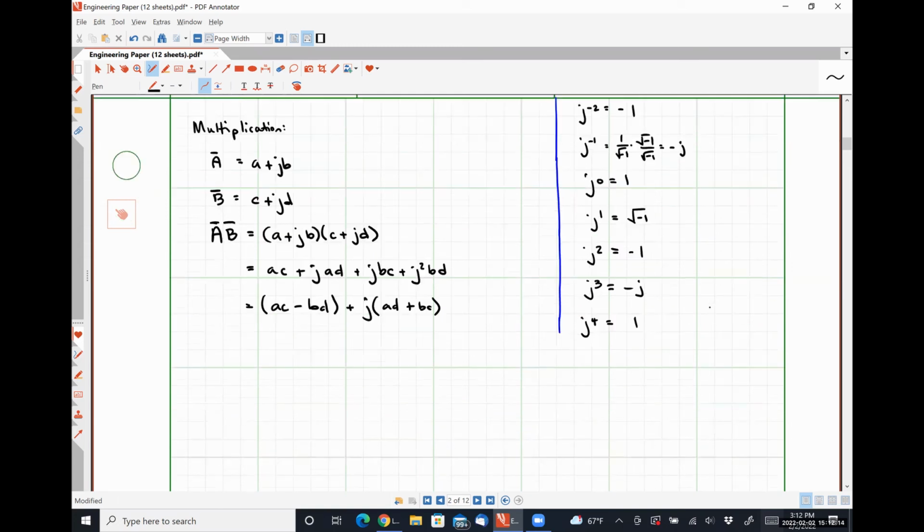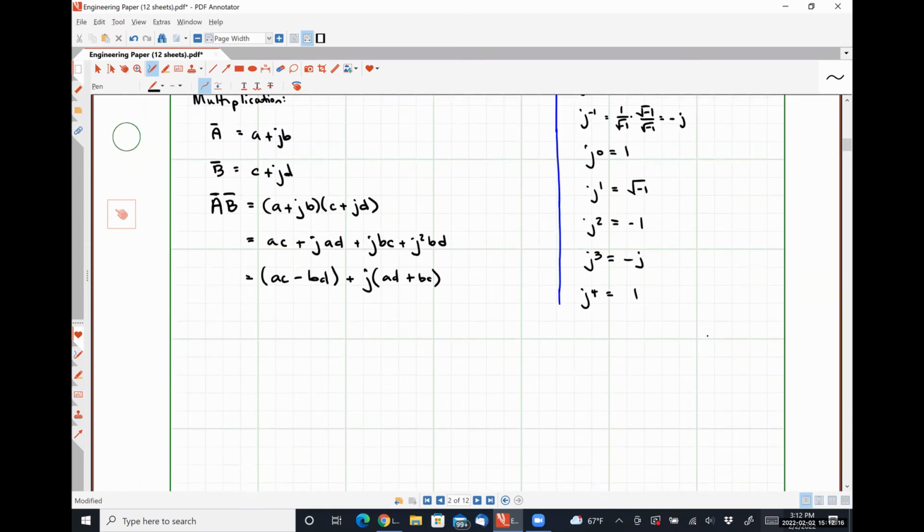Let's look at it using exponential form complex numbers.